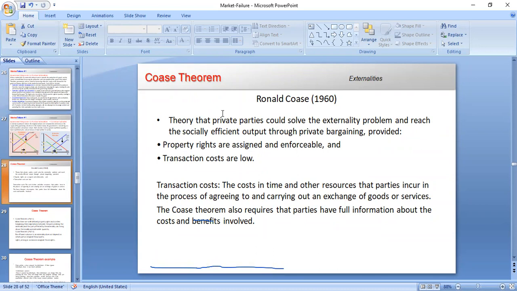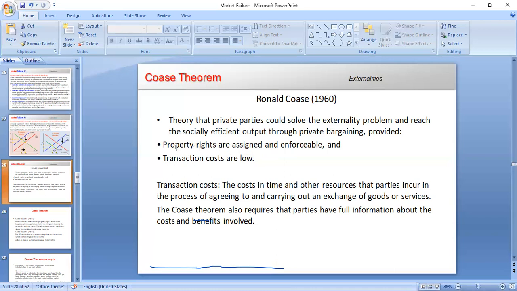He said that negative externalities, for example pollution, could be dealt with or solved as long as there was private bargaining between the two parties.